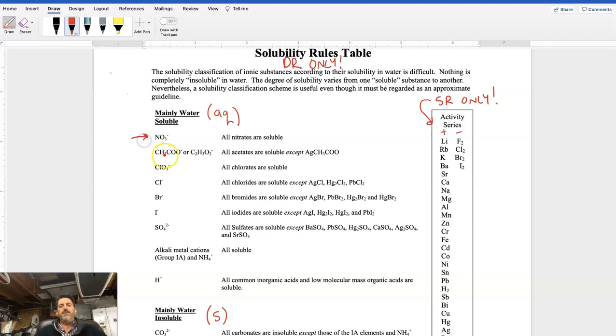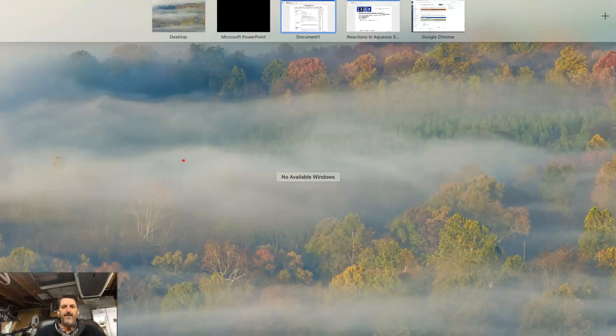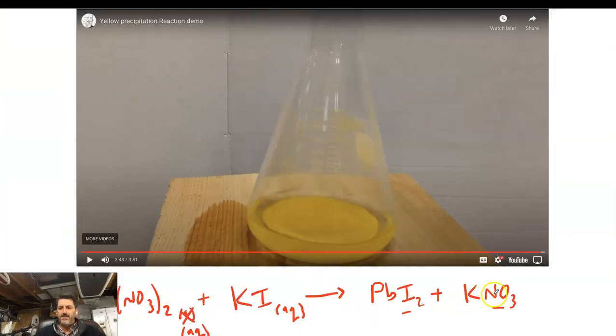There we go. It says all nitrates are soluble. So that means I'm going to use the AQ indication for my nitrate. So I come back over here, potassium nitrate. I'm going to say that that is AQ, aqueous, because all nitrates are soluble.